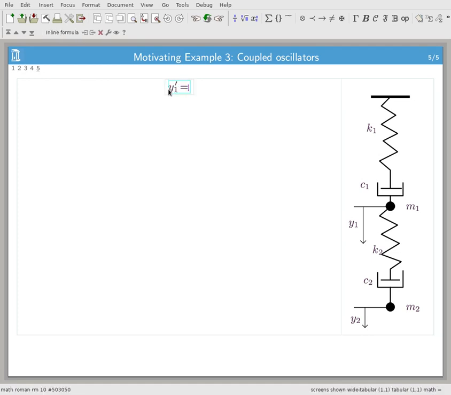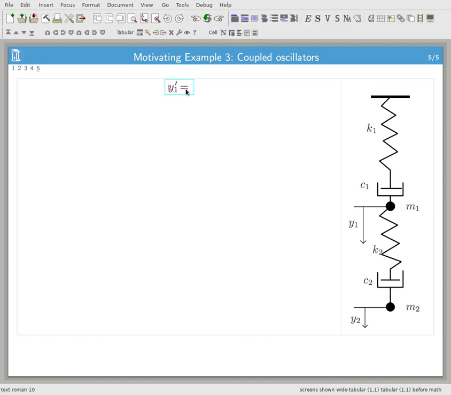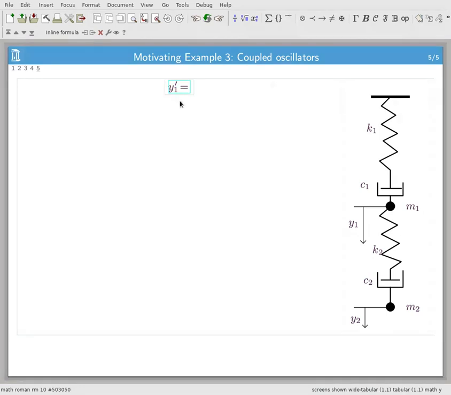Now if you think about it a bit, y1 prime is going to be the rate of change of the position, so this is a velocity. In order to write the dynamics equations, we are going to consider the second derivative.